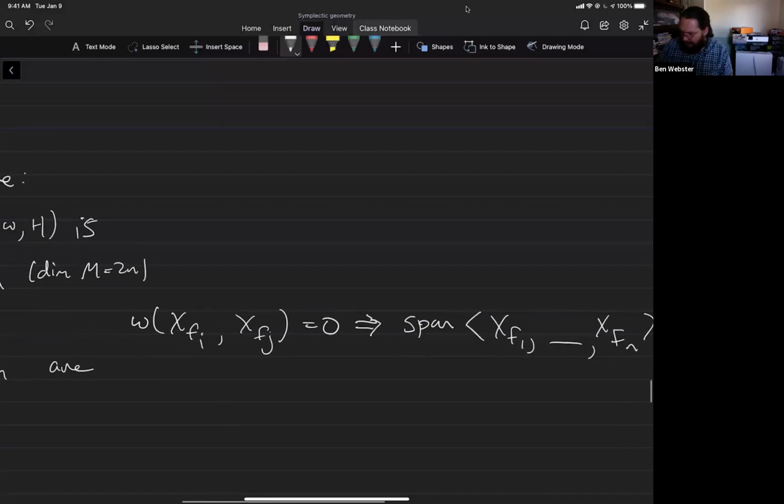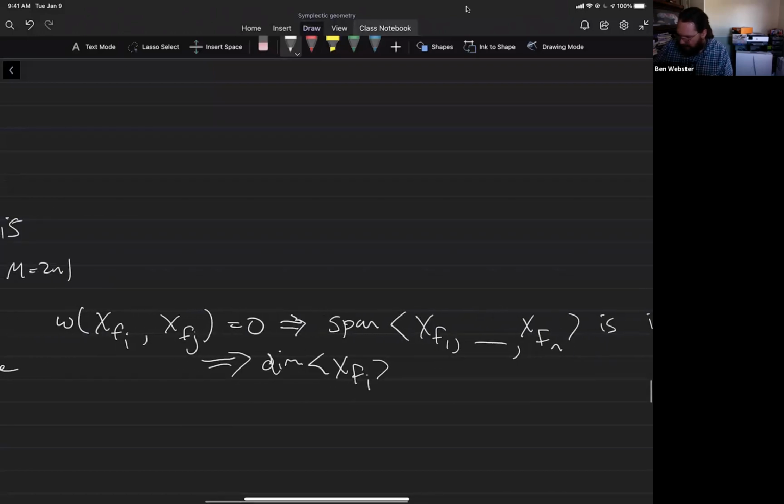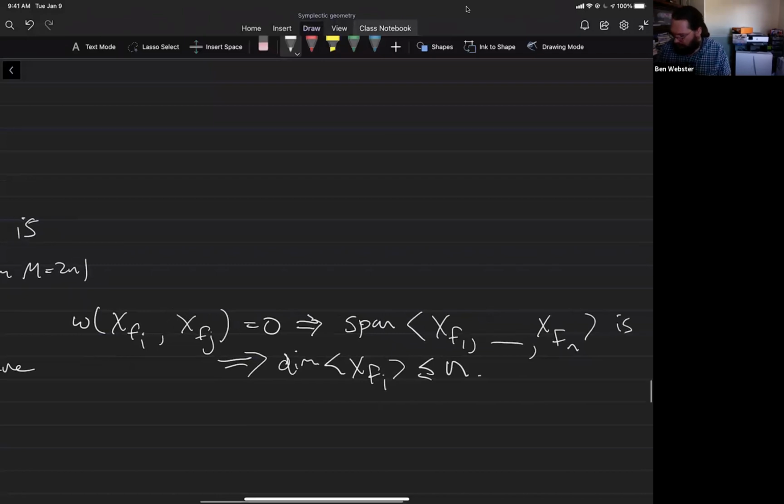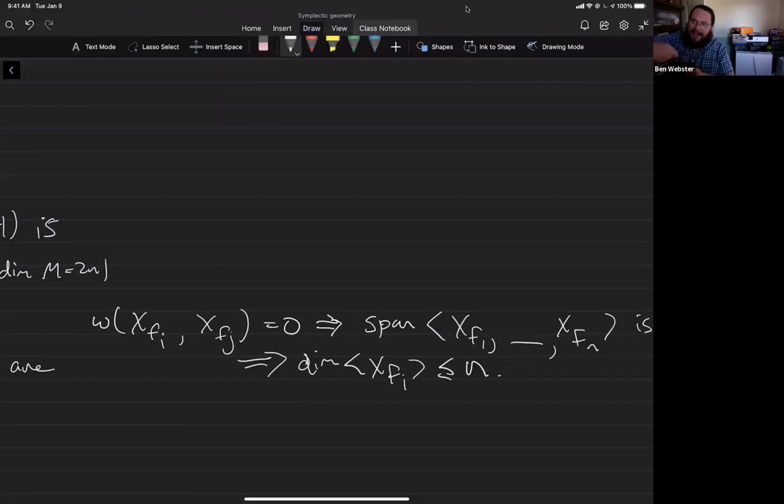But we did some symplectic linear algebra earlier on to show that means that the dimension of this span is less than or equal to n. So the biggest dimension it could be is half dimensional, in which case it's Lagrangian. All right, and that's because it's contained in its symplectic orthogonal, and its symplectic orthogonal has complementary dimension in 2n.